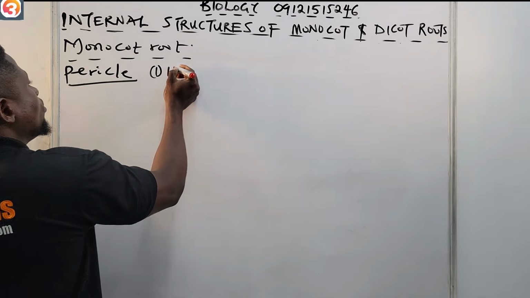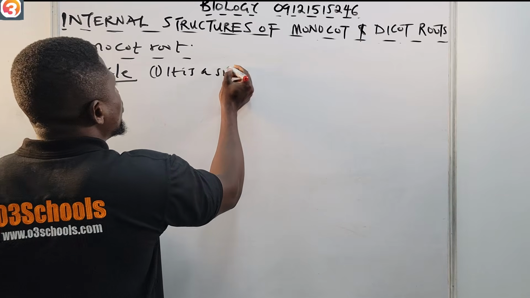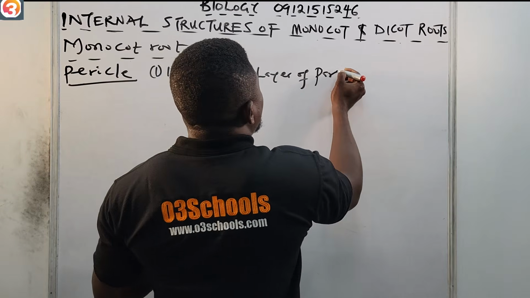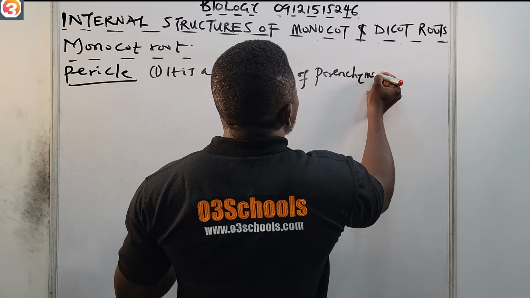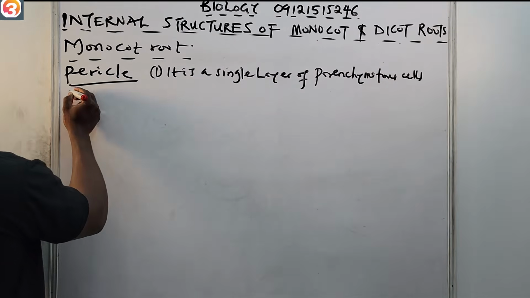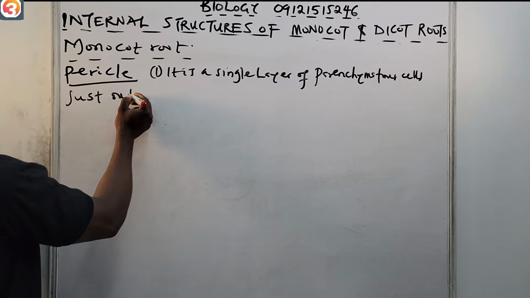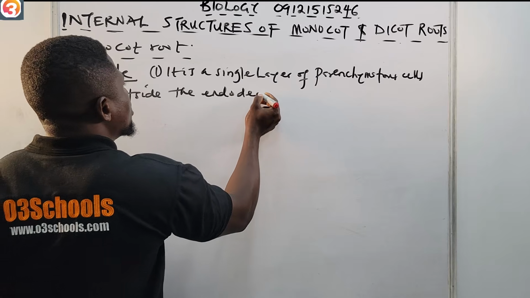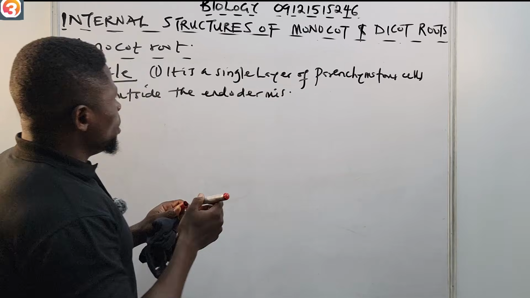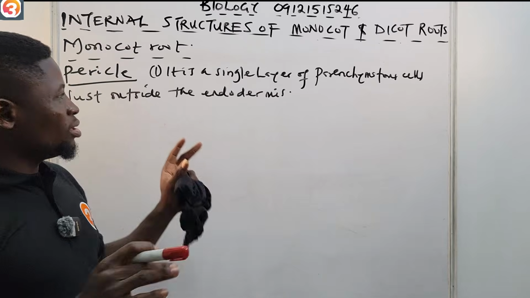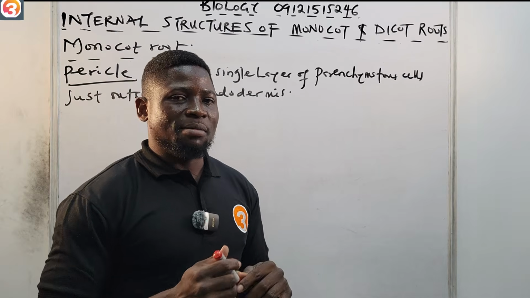Number one, it is a single layer of parenchymatous cells present just outside the endodermis. That is the pericycle.